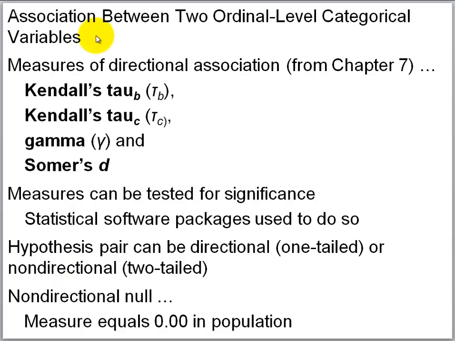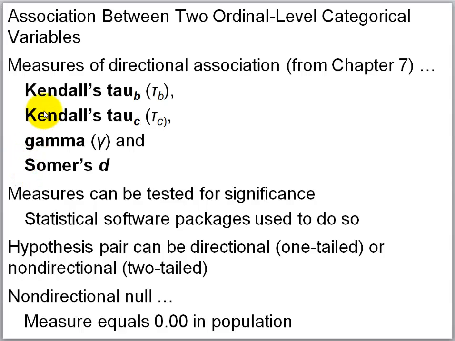Sometimes you have association between two ordinal level categorical variables. Chapter 7 presented some examples of such. When you have directional association between two ordinal level categorical variables, we presented each of these four measures of the size of directional association.